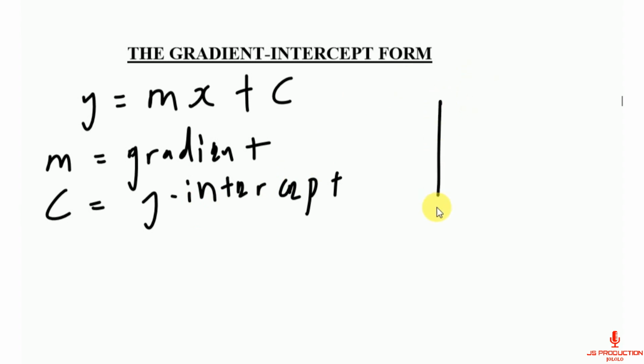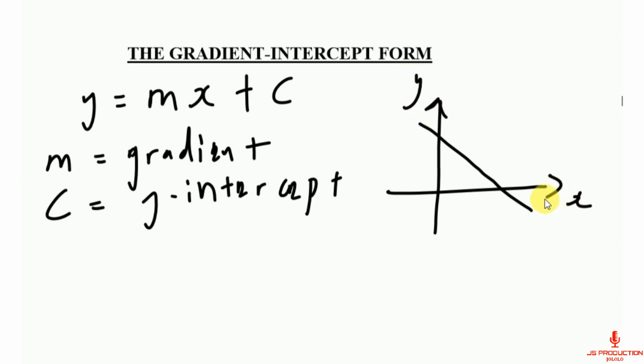From the Cartesian plane, let me show you the y-intercept. For example, this is our Cartesian plane. We have our y and our x, and we have these points. If this is point A, we say this is (0, 2), and this is point B, (2, 0).